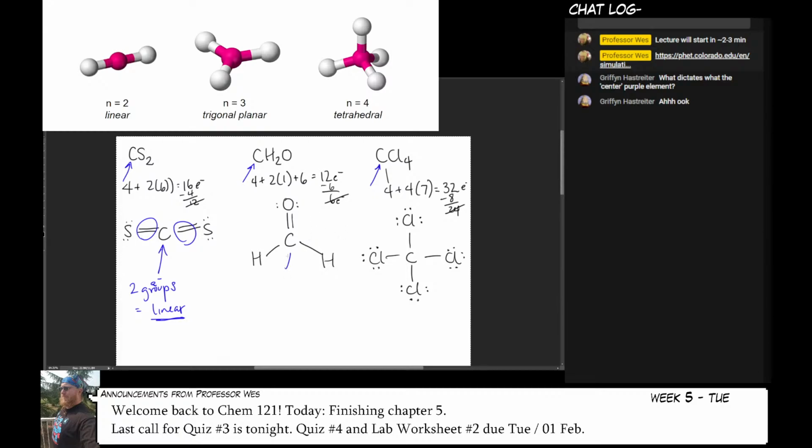Let's go over to the carbon. Here's my central atom. Or I'm sorry, the next picture. I have 1, 2, 3 places there are electrons around the central atom.